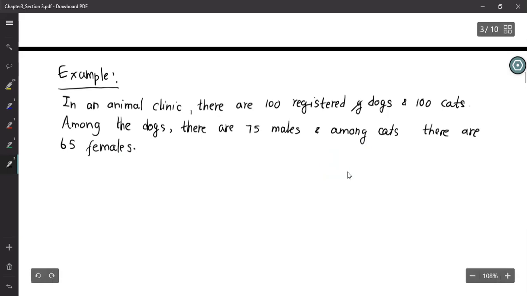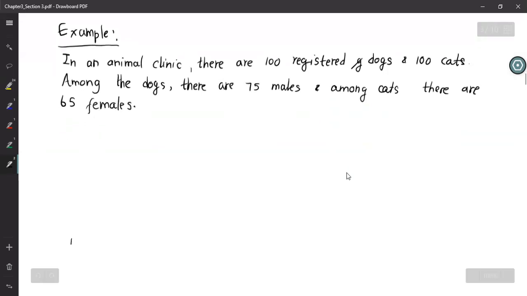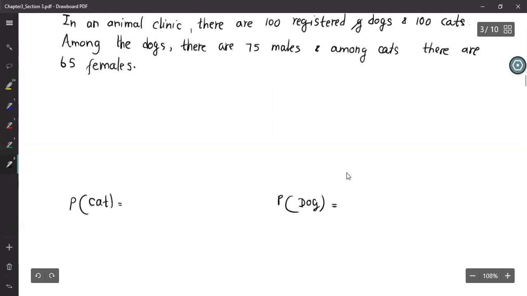Now I want these probabilities. What is the probability that, if you randomly select an animal, it is a cat? What is the probability that the animal is a dog if you randomly select an animal?